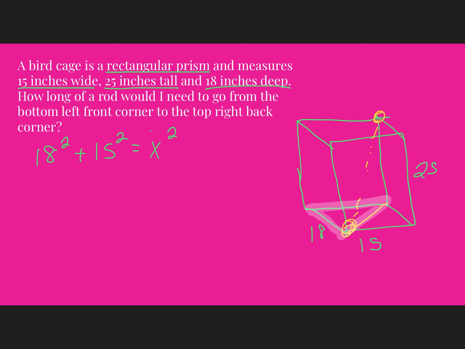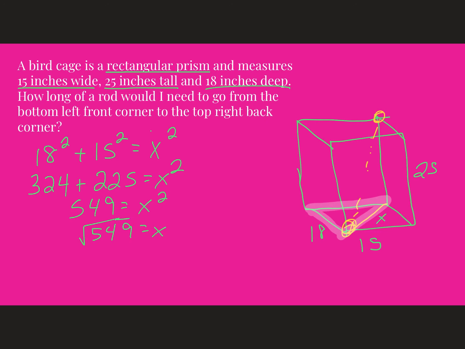So 18 squared gives me 324 plus 15 squared gives me 225 equals x squared. So 549 equals x squared. So the square root of 549, I'm going to leave that right there for right now, is x. So this is x right here.